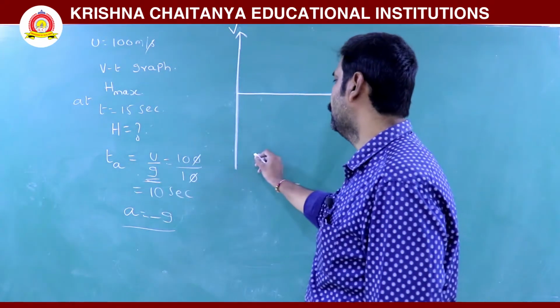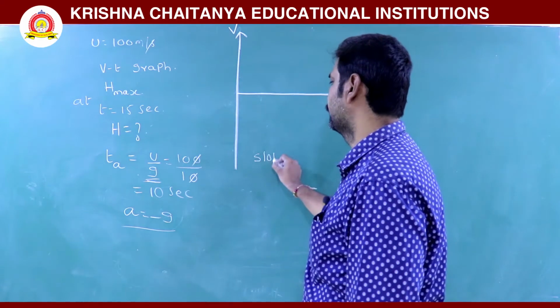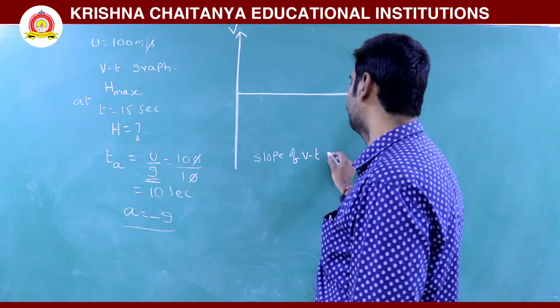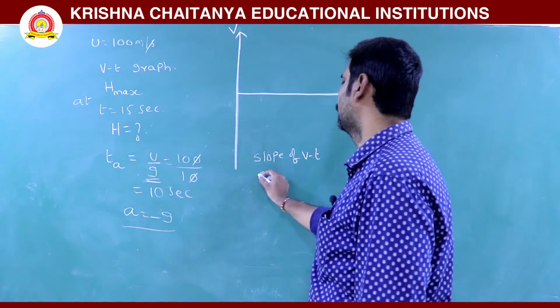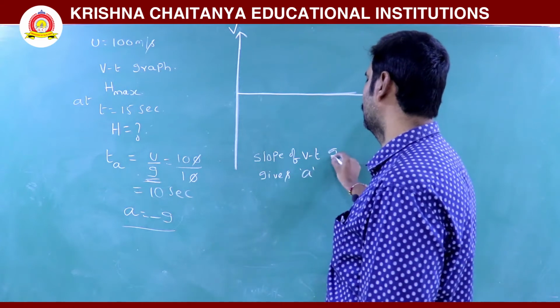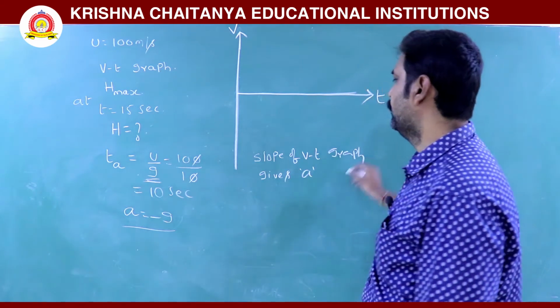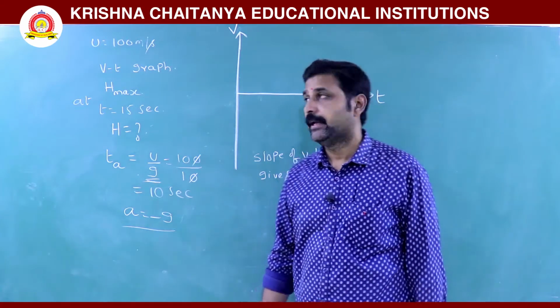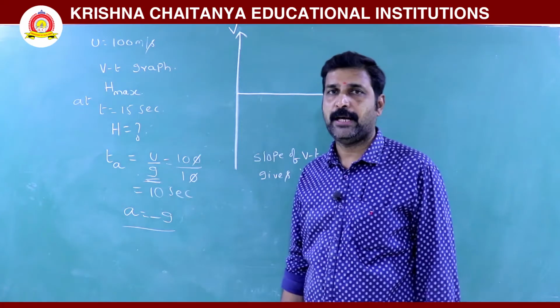That means the slope of the VT graph gives acceleration. Here acceleration is constant and it has an initial velocity.